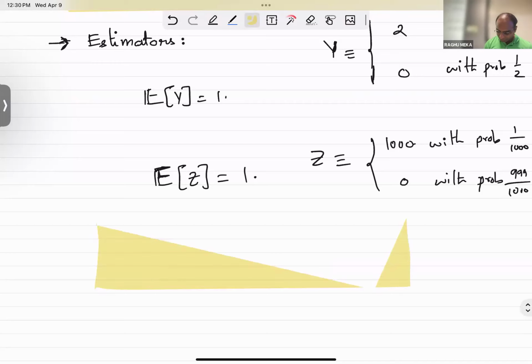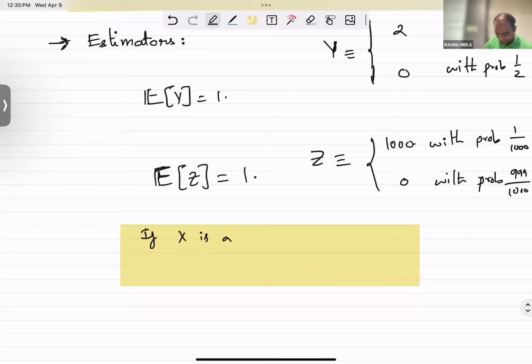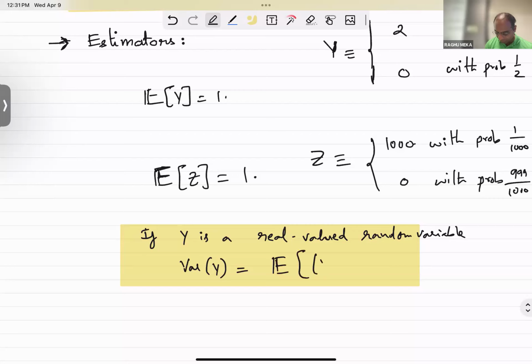So just to recall, if y is a real valued random variable, then the variance of y is defined as the expectation of y minus the expectation of y, squared.